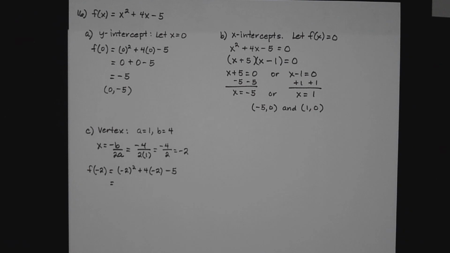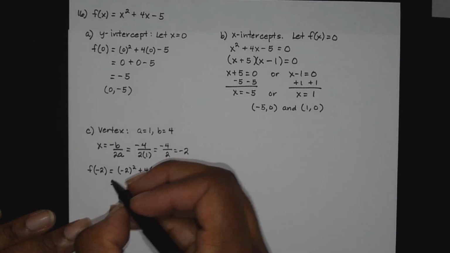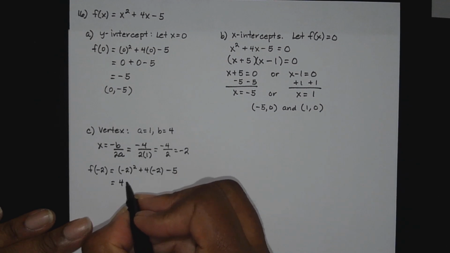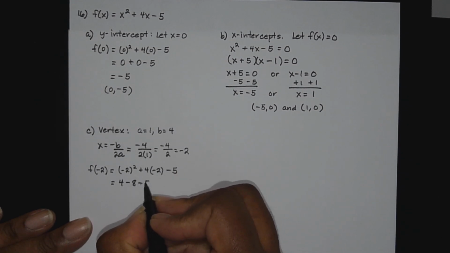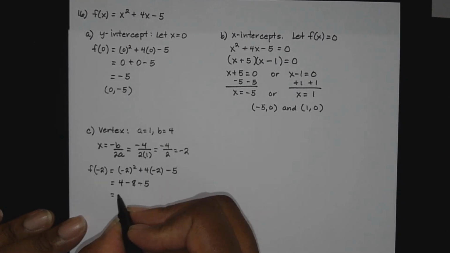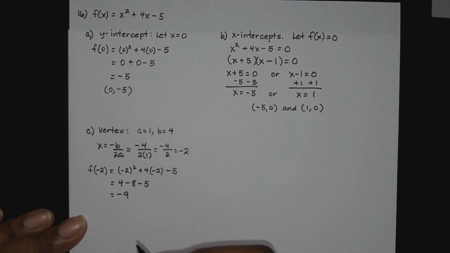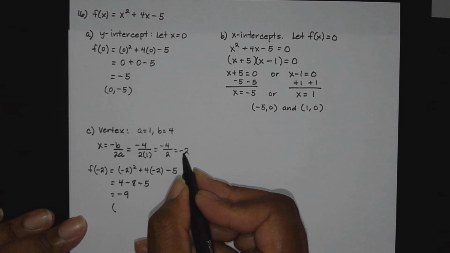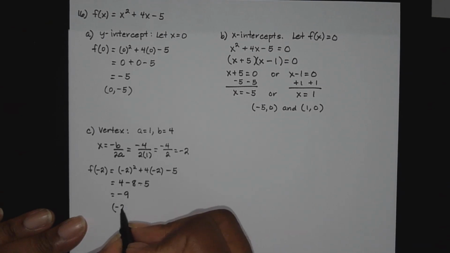If we square the negative 2, that's 4. Then 4 times negative 2 is minus 8, and then minus 5. So 4 minus 8 is negative 4, and negative 4 minus 5 is negative 9. So the vertex of this parabola will be the ordered pair negative 2, negative 9.